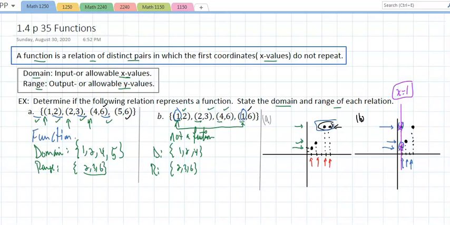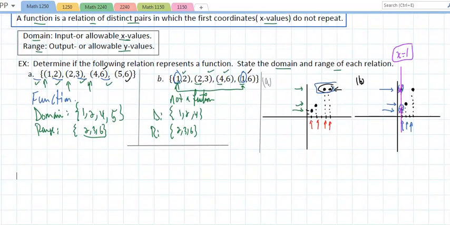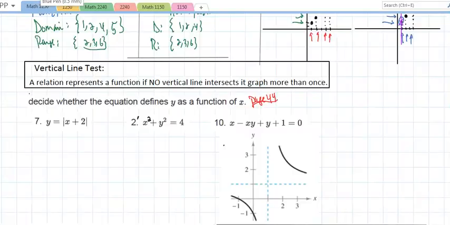And from here, you are asked to figure out whether a relation represents a function in 3 different types of problems. Points I just did. There are none in the book, so I added problems for you. A graph. Well, graphically, if I'm given a graph, let me check.